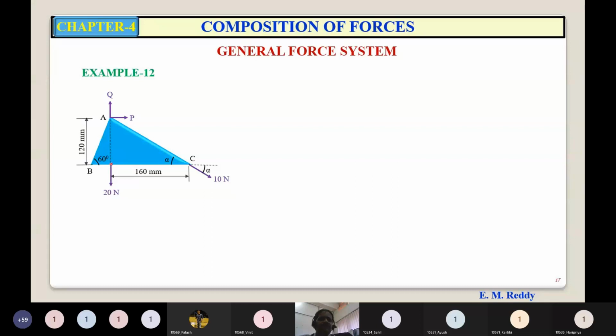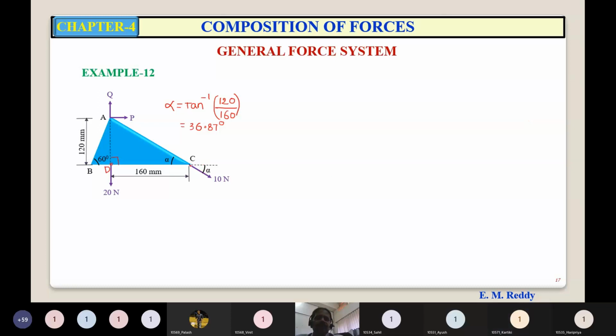Let us say this point is B. From the right angle triangle ADC, alpha is equal to tan inverse 120 upon 160. This is 36.87.